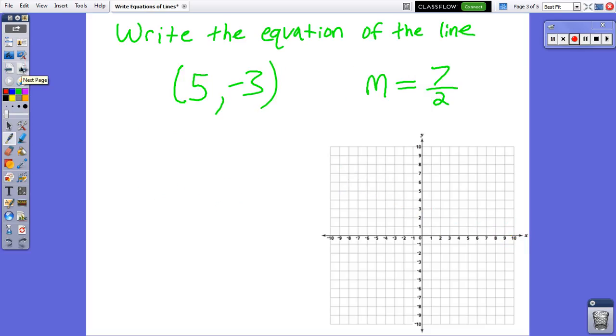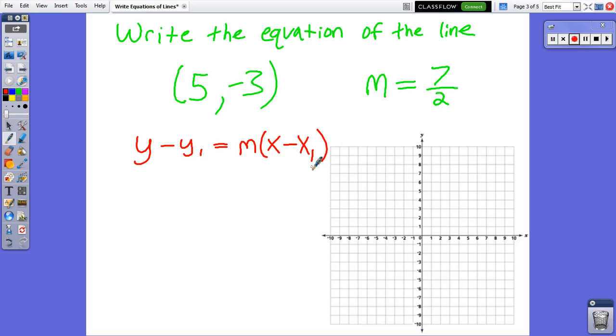For this one, we are given a point and a slope, so we're going to use point-slope form this time. That's y minus y1 equals the slope m times x minus x1. Remember that x1, y1 is the coordinate point that's on the line, and m is the slope.